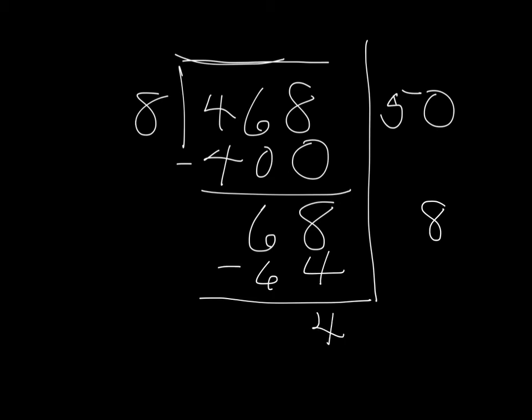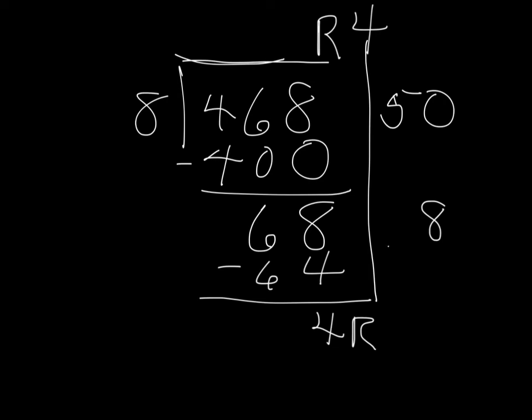Since we cannot make a group of 8 out of 4, that becomes our remainder. Go ahead and write that in the quotient right now so that you don't forget it. These steps take us through step 6 on the notes in the notebook.